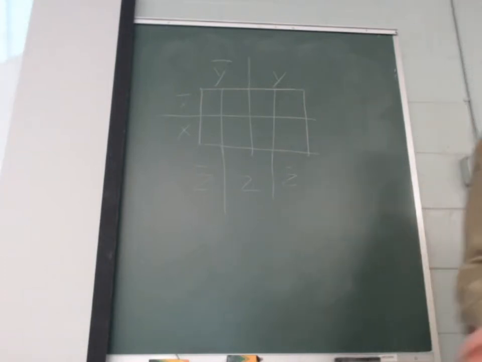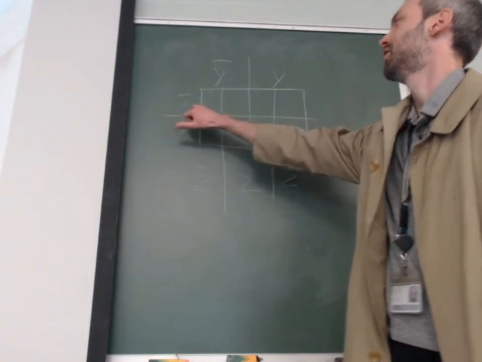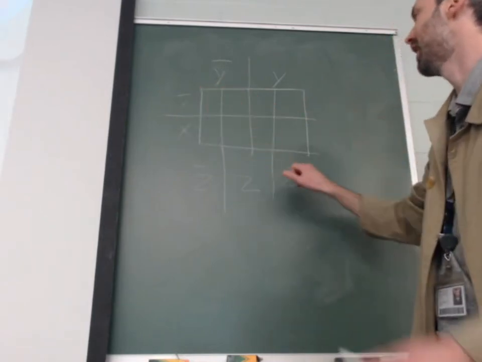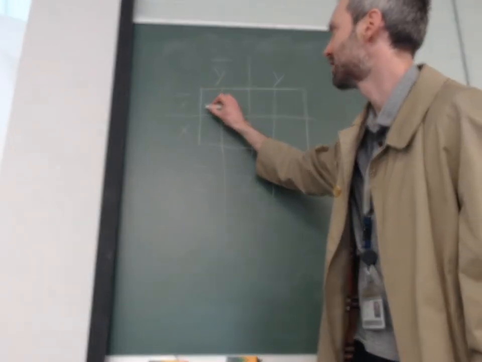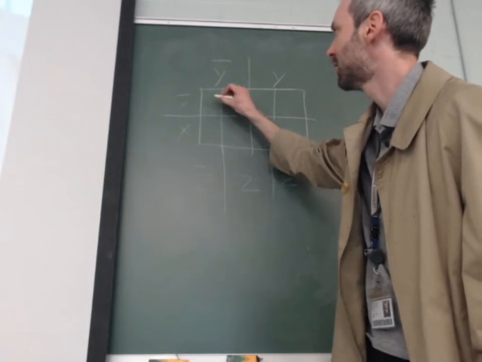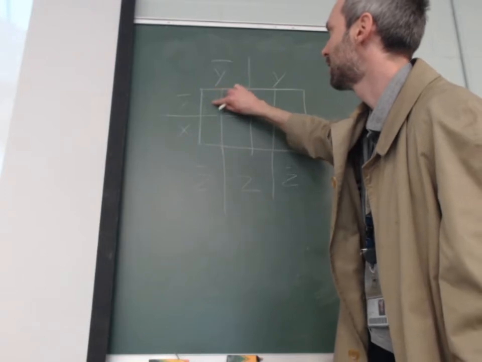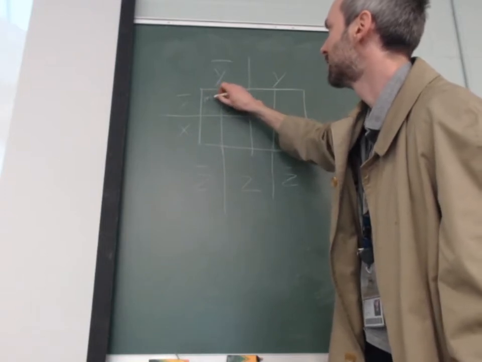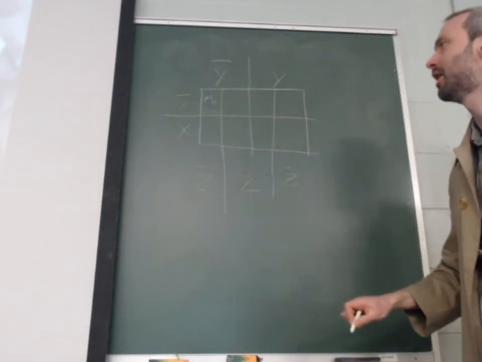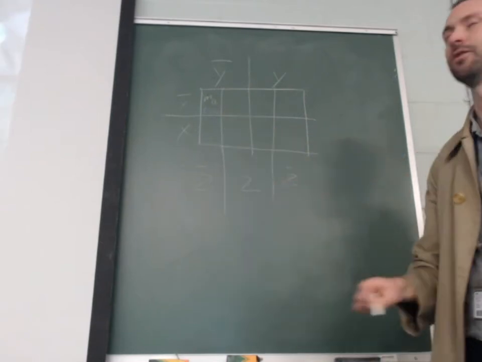In other words, 0 means complemented and 1 means normal, or not complemented, whichever you prefer. So in this square, you have not X, not Y, and not Z, and that pertains to the bit value 0, 0, 0. So this one is, of course, 0, or if you prefer, you can call it M sub 0.